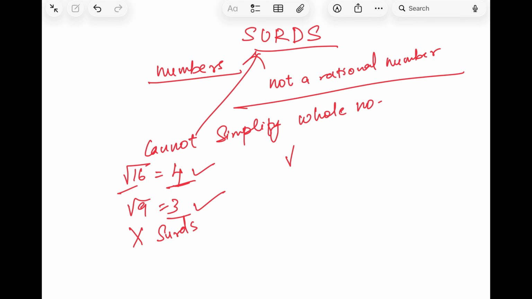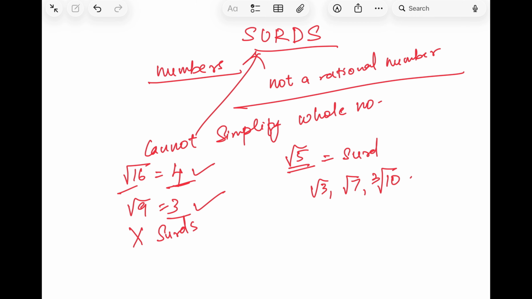Surds are numbers like root 5. Is it possible to find the root of 5? No. So it is a surd. Similarly, root 3, root 7 or cube root of 10. Not necessary it is always square root. It can also be cube root. Okay. So cube root also can be a surd.